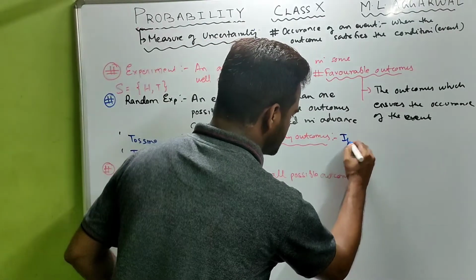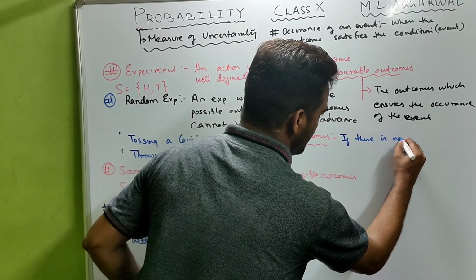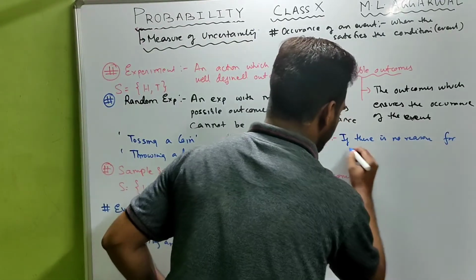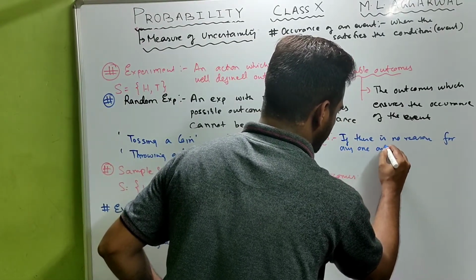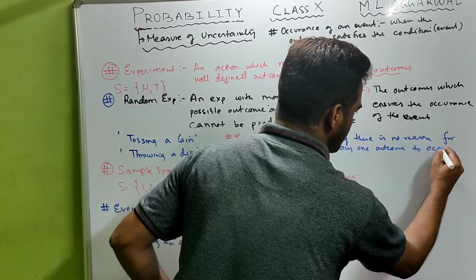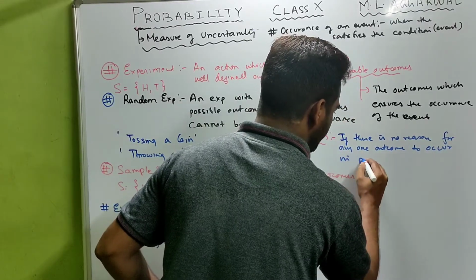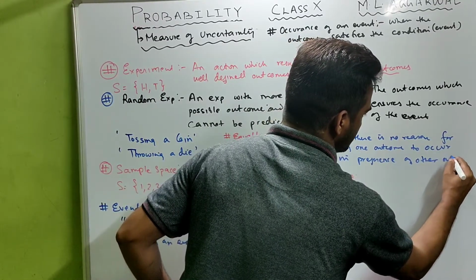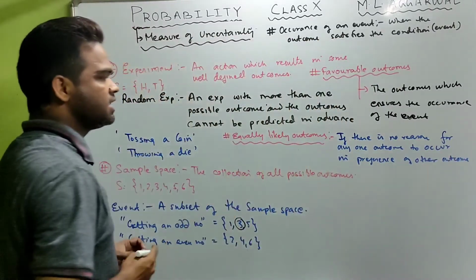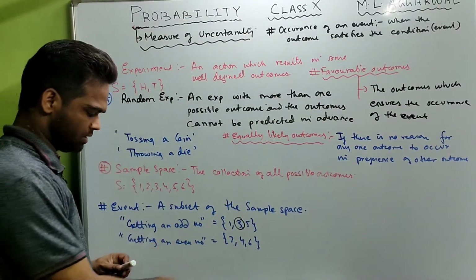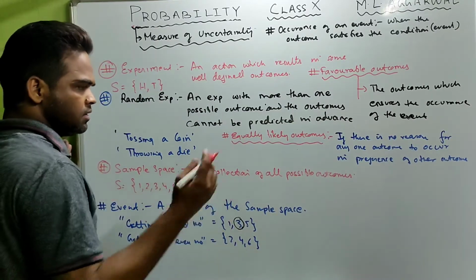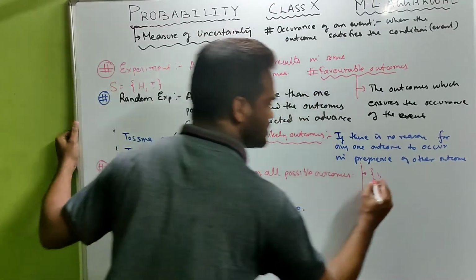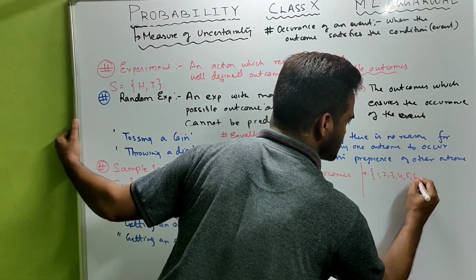If there is no reason for any one outcome to occur in preference to other outcomes, then they are known as equally likely outcomes. What do you mean by that? Take an example. Suppose you throw a die, then the sample space is 1, 2, 3, 4, 5, 6.